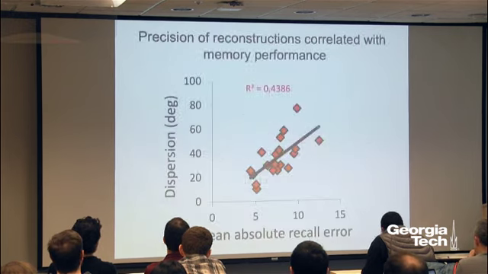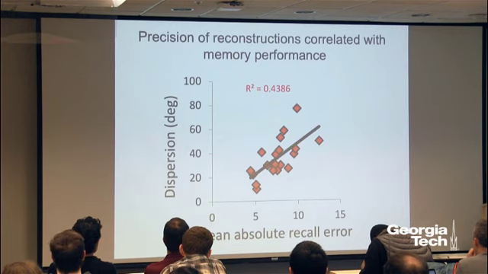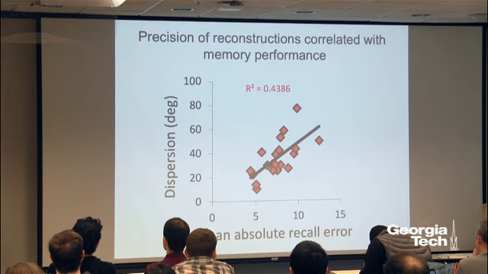Okay? And if we link these two things together, we see a strong correlation across subjects. We've got mean absolute recall error on the bottom, where big numbers are bad. That means more dispersion about 0 in your responses. And then this is the dispersion of those reconstructions, where again, bigger numbers mean flatter functions or less information in primary visual cortex.